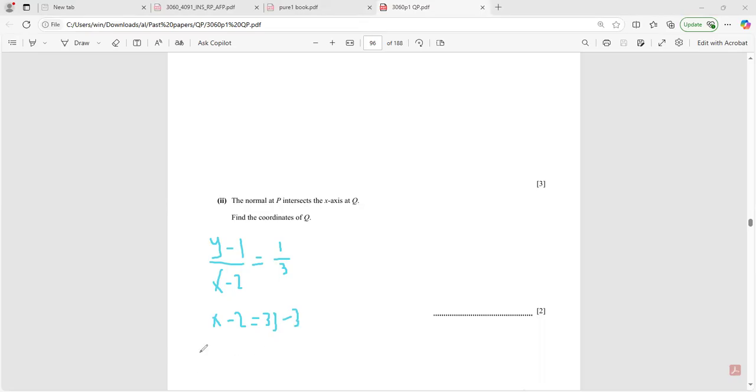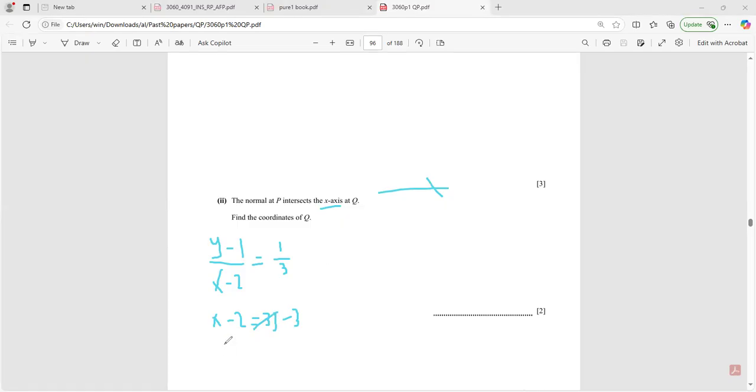So here, yes, it intersects the x-axis. So when any point intersects the x-axis, the y equals 0. Okay, so we can take off this and put 0 instead of it.